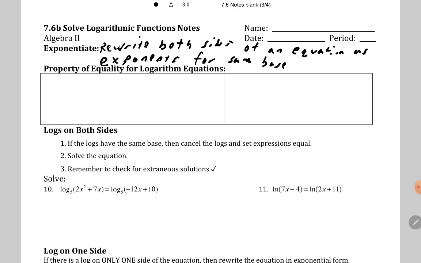And we'll look at that in a bit. Property of equality for logarithmic equations.